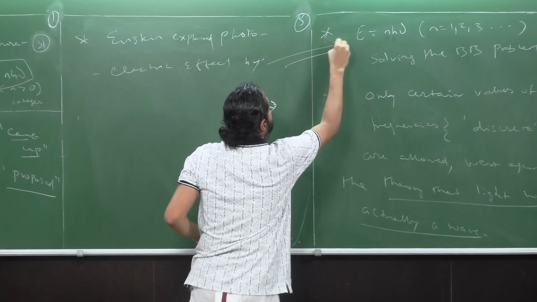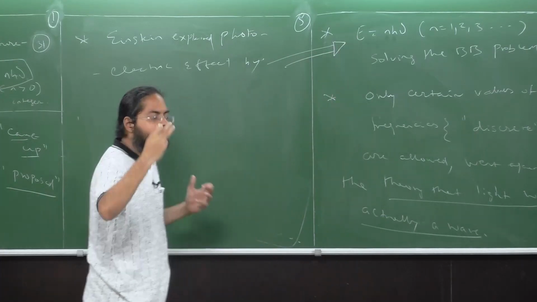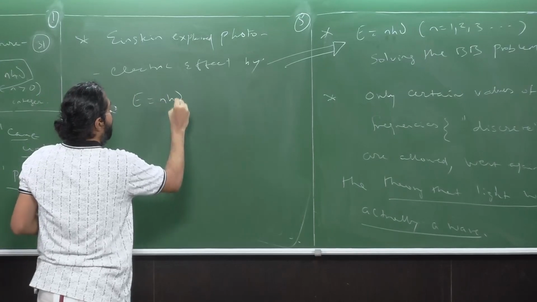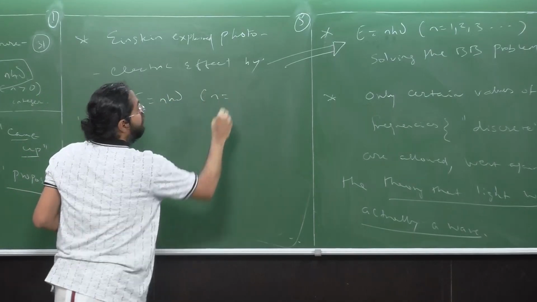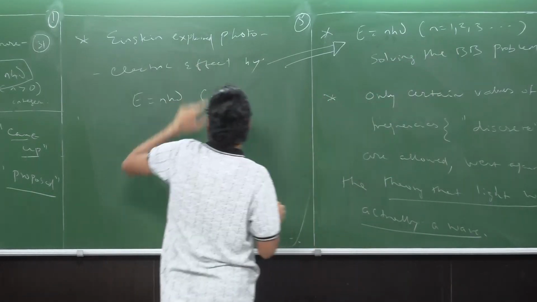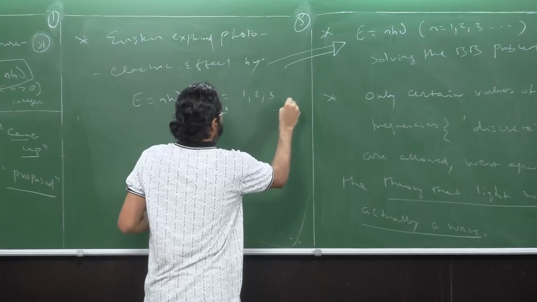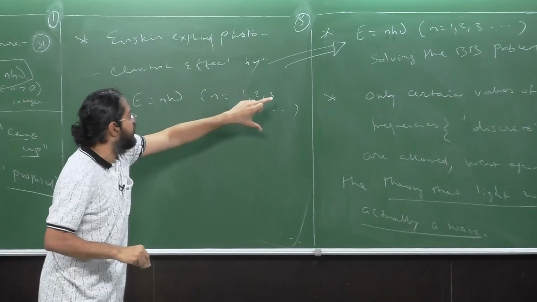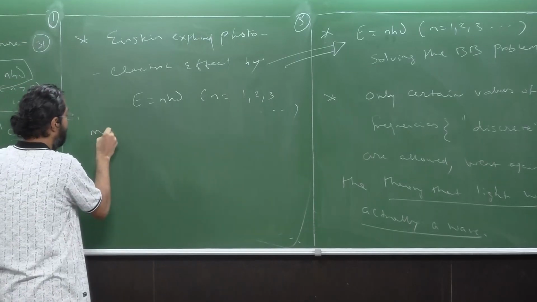By interpreting this equation, E equals n h nu, he said that n can only have integral values. That's the key thing to this interpretation.